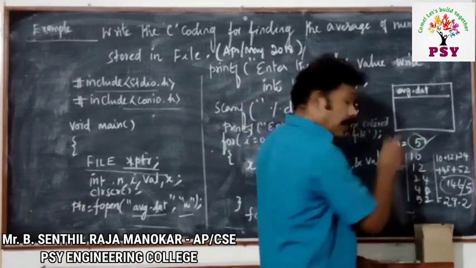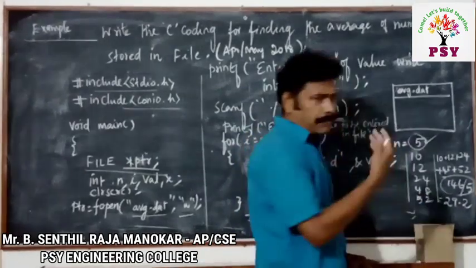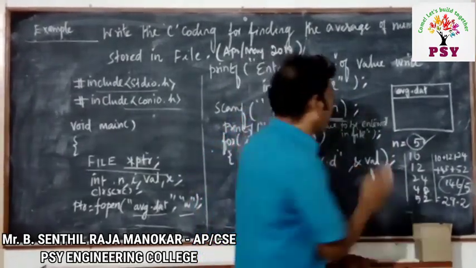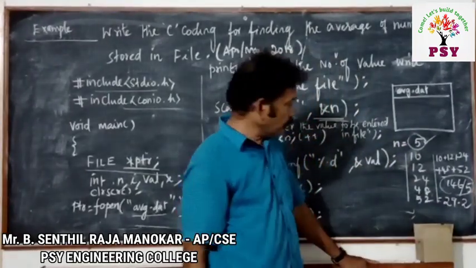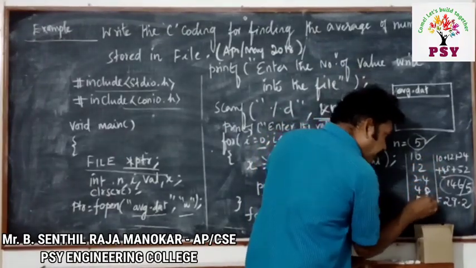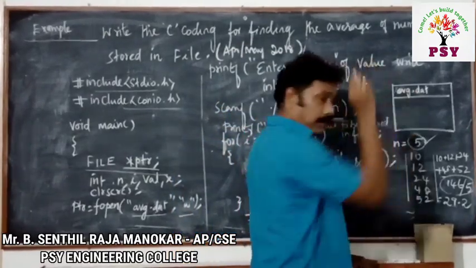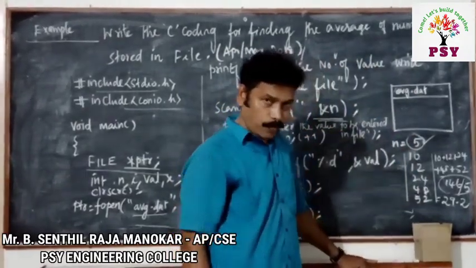It may be any number, but I choose 5 numbers. Those 5 numbers are 10, 12, 24, 48, 52. That has to be entered into the file through the coding.